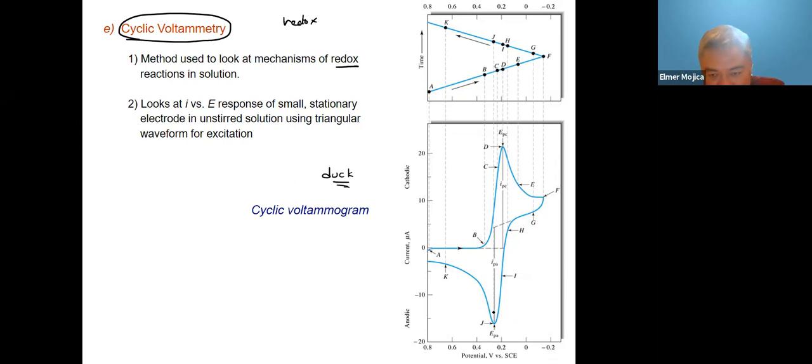If you have this what we call cyclic voltammogram, ibig sabihin reversible yung redox reaction nila. Because you can also have it like this. Dito lang mataas, tapos pagbalik, straight line na. So ibig sabihin, ito lang yung either nare-reduce or ni-oxidize na species.